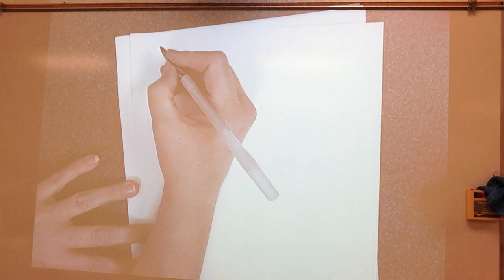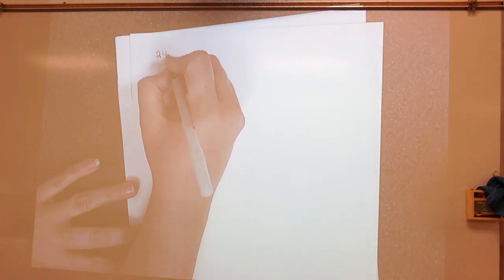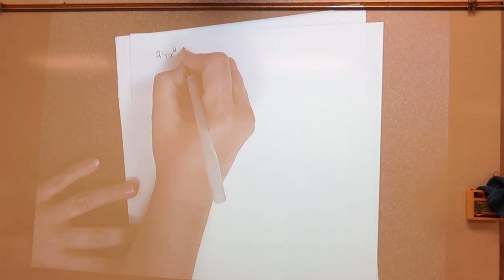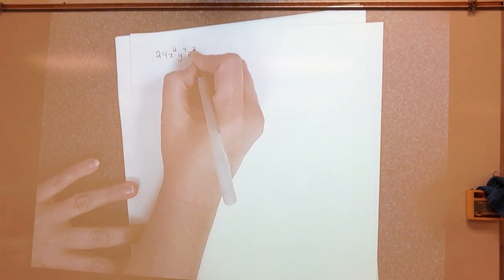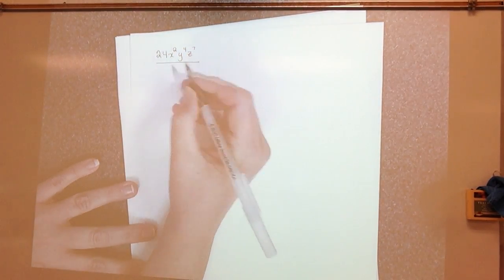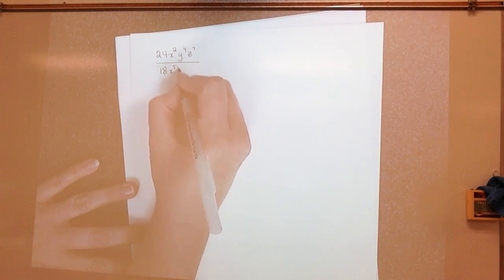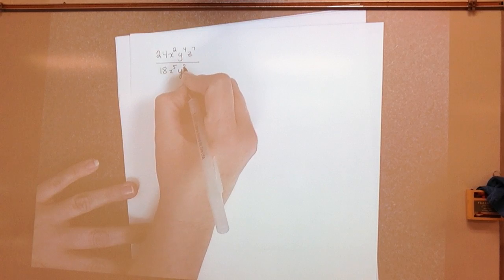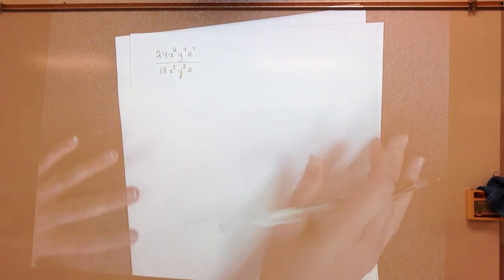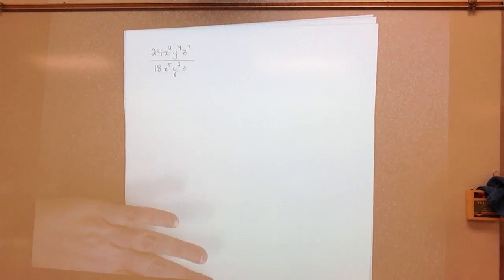All right, so we're going to look at 24 x squared y to the 4th z to the 7th over 18 x to the 5th y to the 2nd z. Okay.